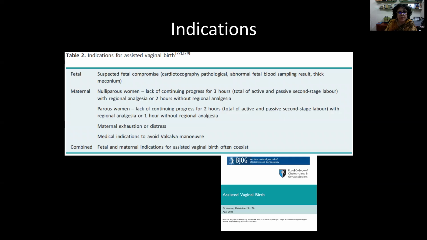In parous women, lack of continuing progress for 2 hours, total active and passive second stage of labor with or without regional analgesia. Then maternal exhaustion and distress, and medical indications to avoid Valsalva maneuver. So combined fetal and maternal indications for the assisted vaginal birth often exist.